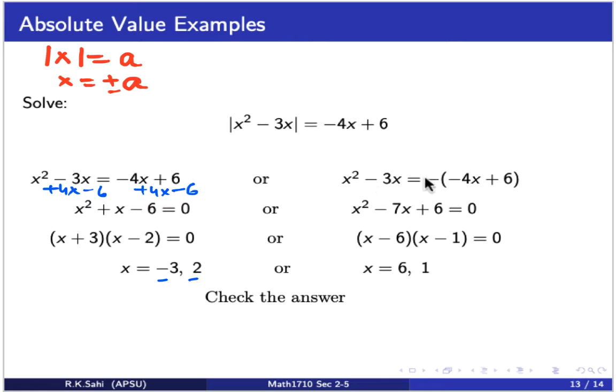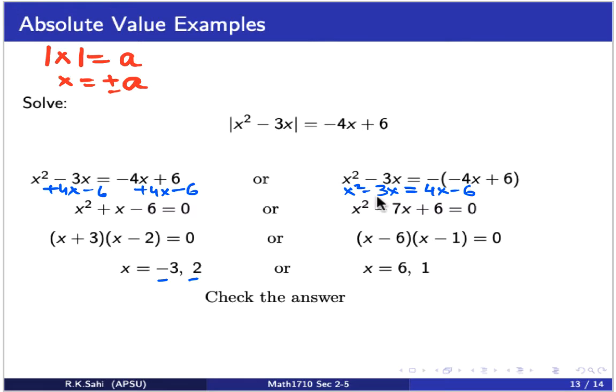That is x squared minus 3x equals minus, parentheses opened, minus 4x plus 6, parentheses closed. Now before we go on, we need to distribute this negative inside this expression. What are we going to get? We get 4x minus 6, and x squared minus 3x on the left-hand side.